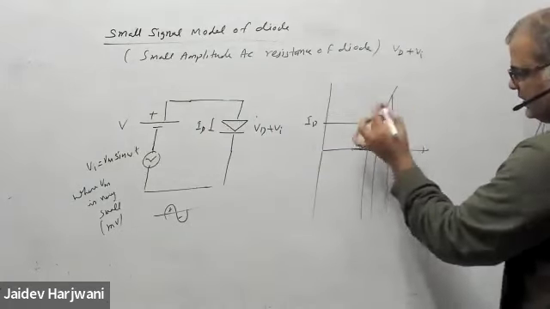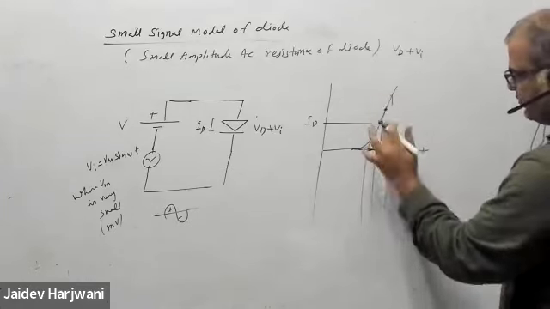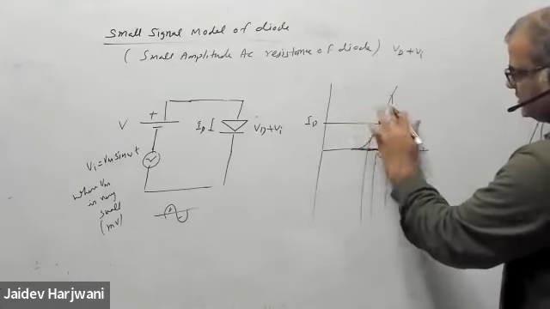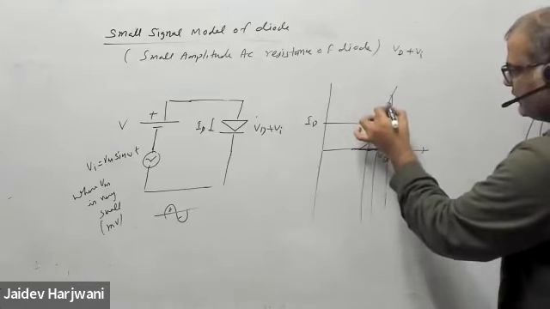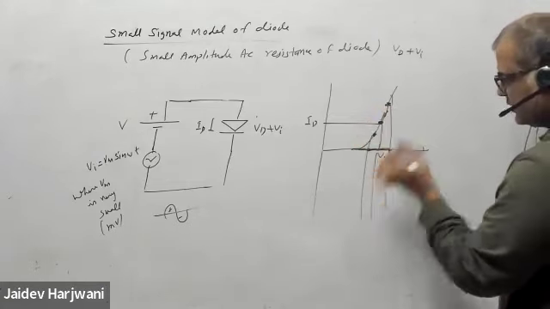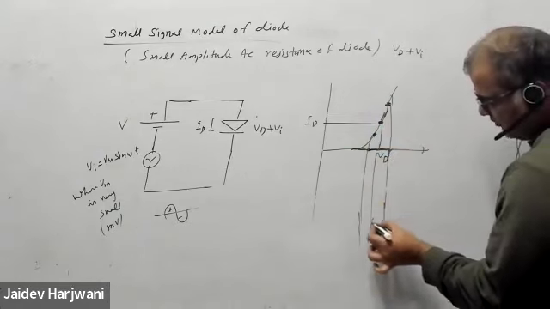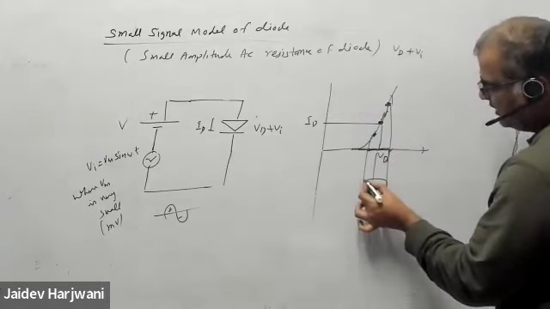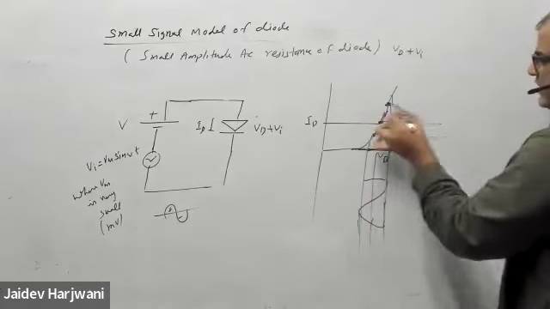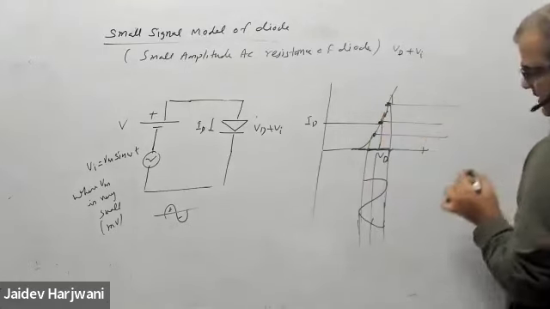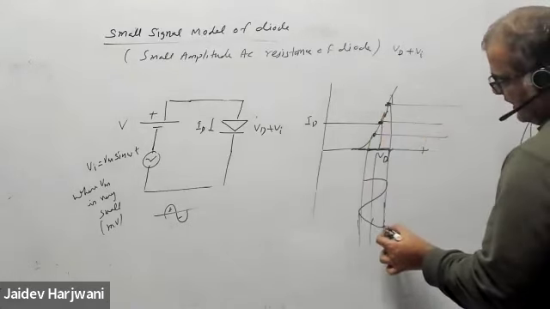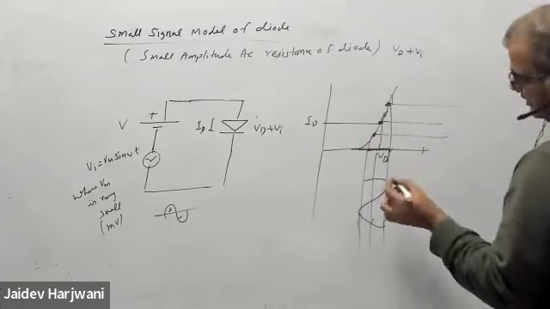This is your main point here, and this is another point here. So basically, when you are superimposing an AC signal on this, it is either adding or decreasing.